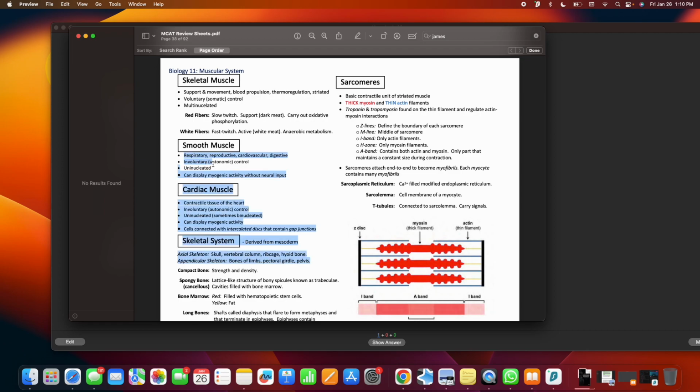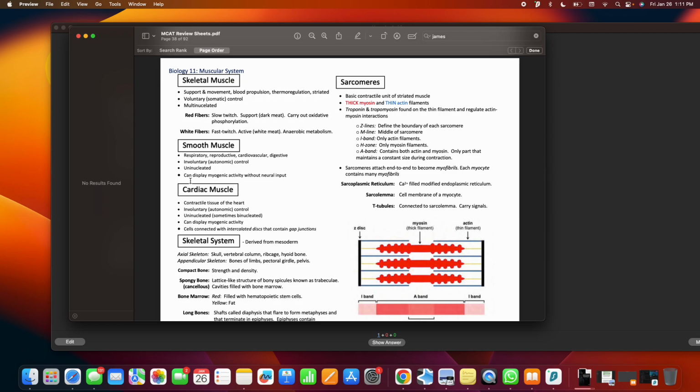Then it's involuntary, under involuntary autonomic control. It's uninucleated. So striated and multinucleated is for skeletal muscle. Why is it like that? The origination, I think, is the cause of that, but we'll see.